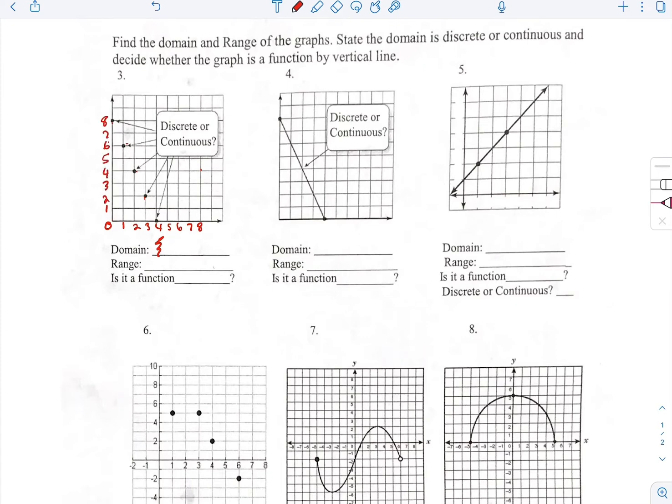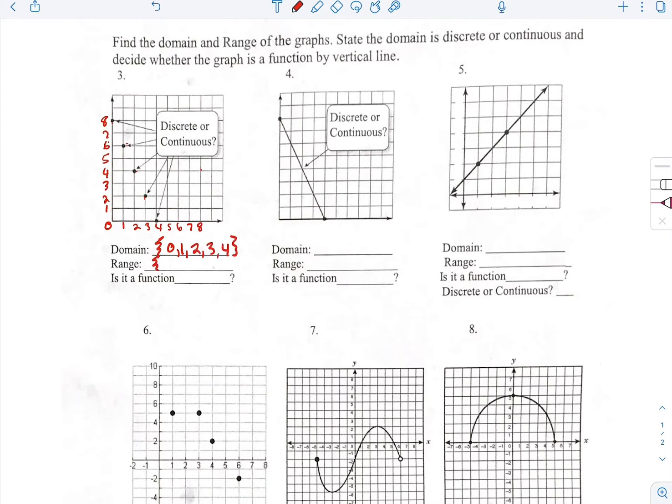To determine our domain, remember we start from least to greatest. So we're going to start down here. Actually, we're going to start here. I'm sorry, guys. We're starting here because the x value is 0. The x value here is 1, 2, 3, then 4. So we go in ascending order: 0, 1, 2, 3, 4.